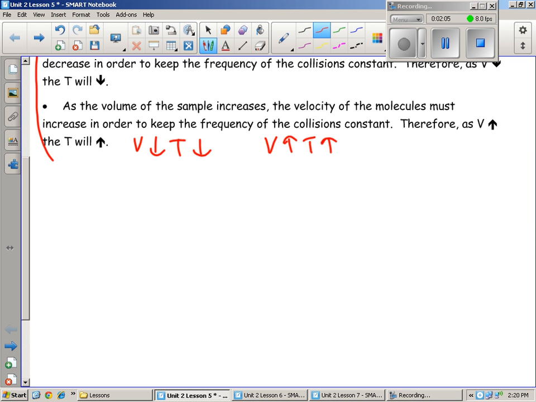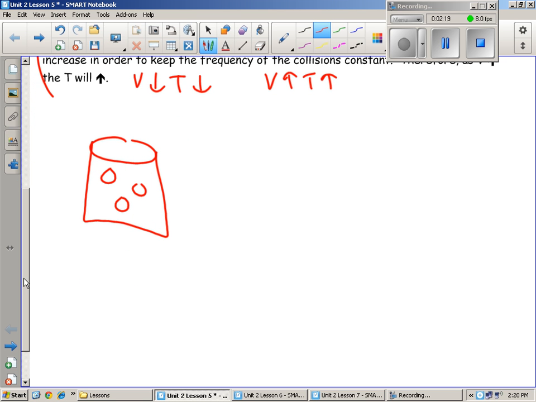I'll give you some scenarios here. We're talking about volume and temperature. So look, in my first one here, here's 3 gas molecules, let's say. How many collisions are there going to be? Well, in this container, enough, I guess you could say. They're going to bounce off each other, off the sides of the wall, etc. Okay? If we want, in Charles' law, to keep the pressure the same, the pressure has to be the same, right?